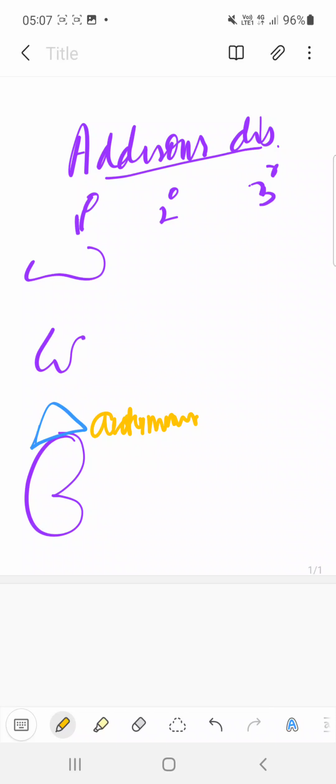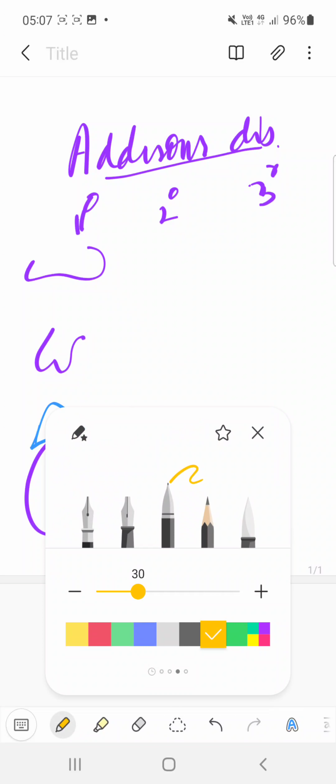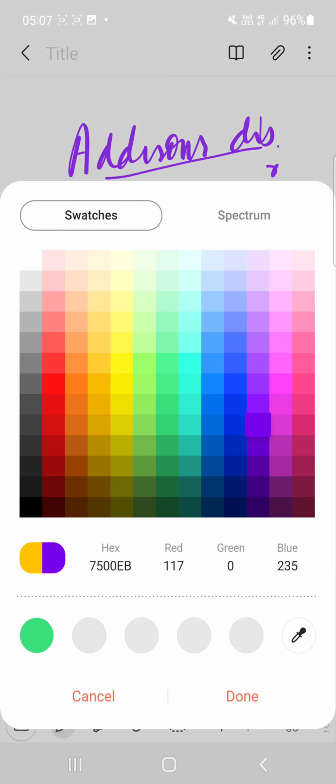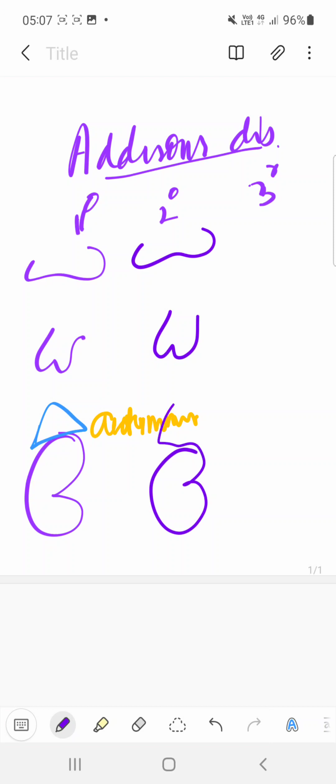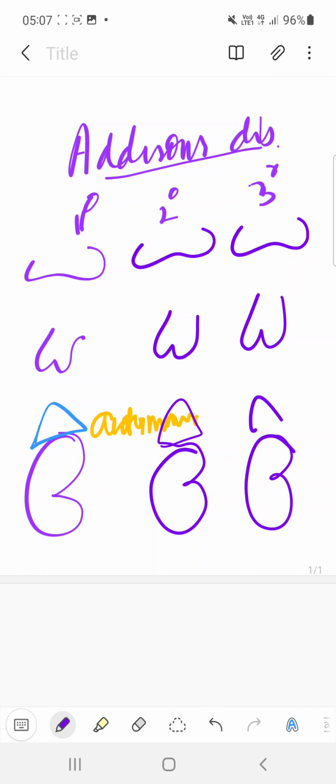In secondary, what is the cause? Problem is in the pituitary. In tertiary, problem is in the hypothalamus.